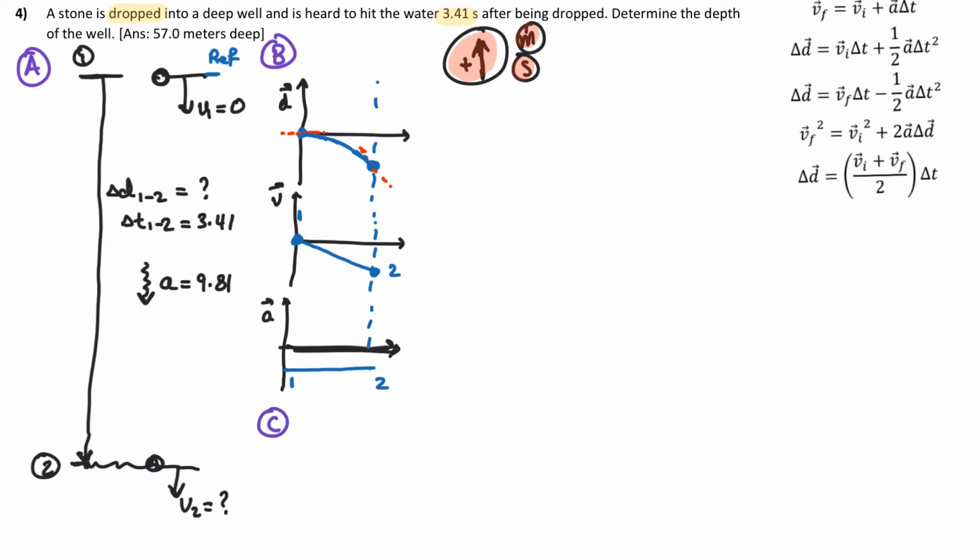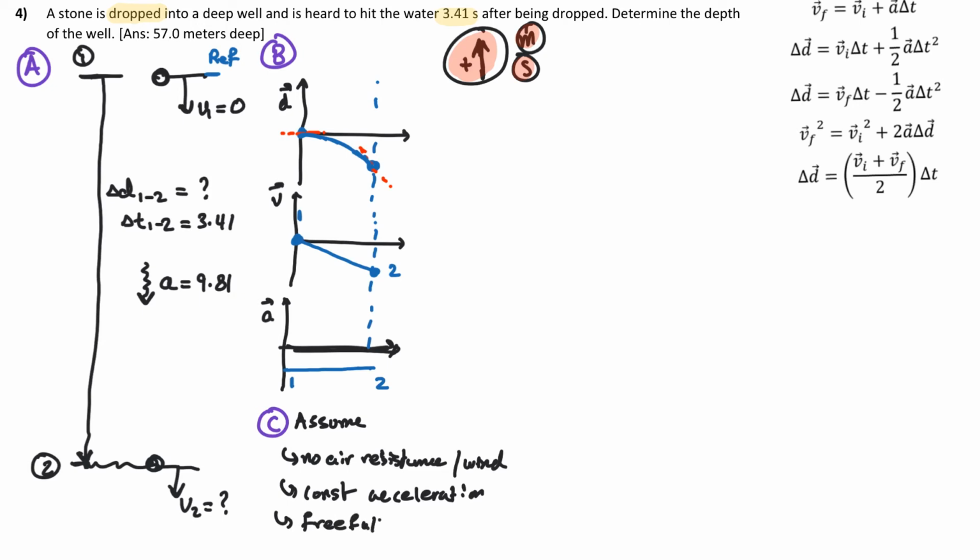Now for our assumptions, we're going to assume that there is no air resistance or wind effects, and constant acceleration. You can also add that it's free falling.